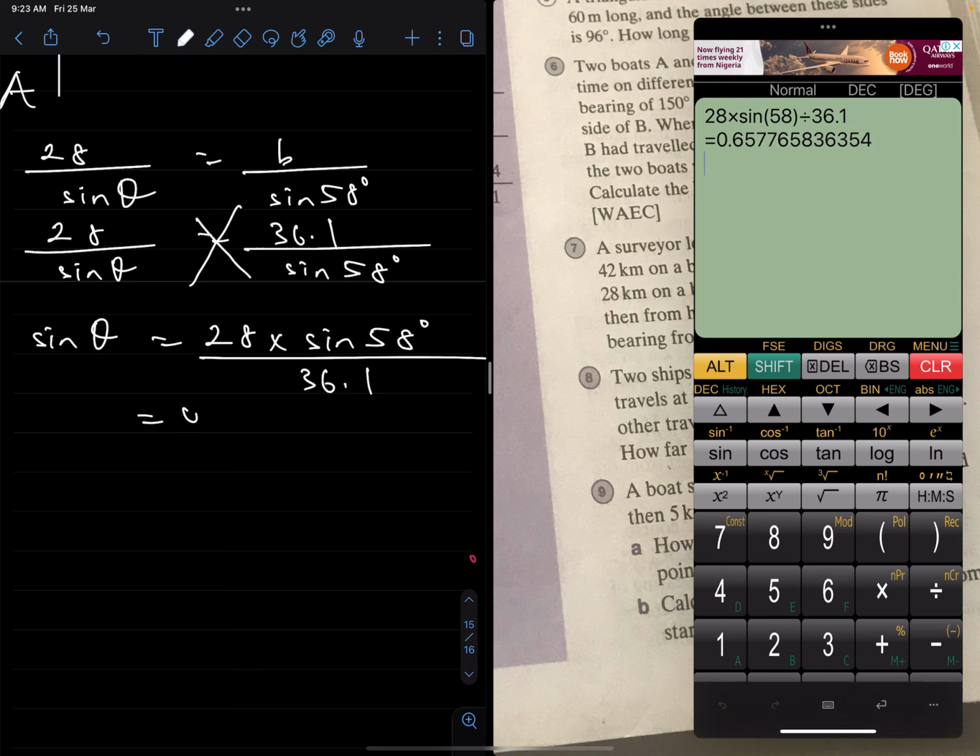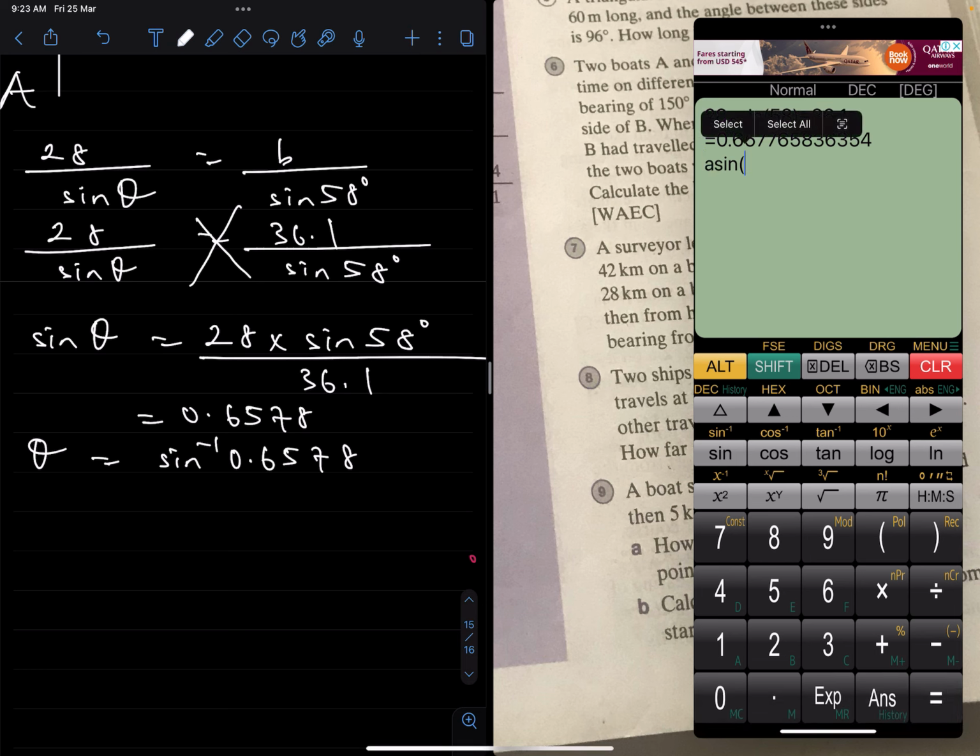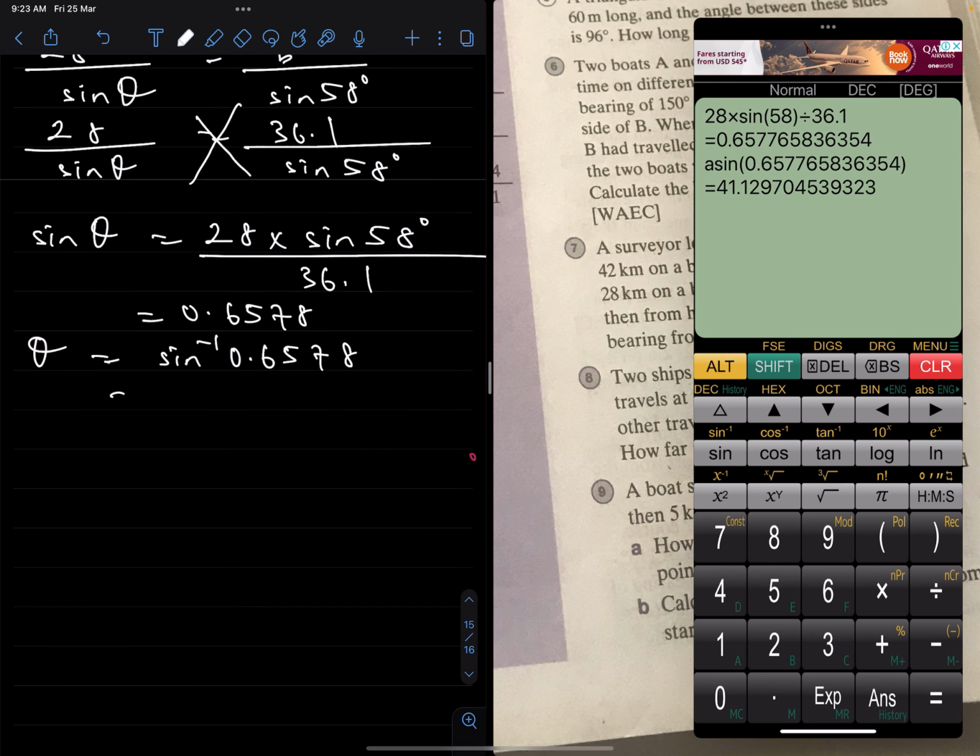And that's 0.6578. So theta is therefore the sine inverse of 0.6578. Let me find the sine inverse of that answer. And that's 41.13.